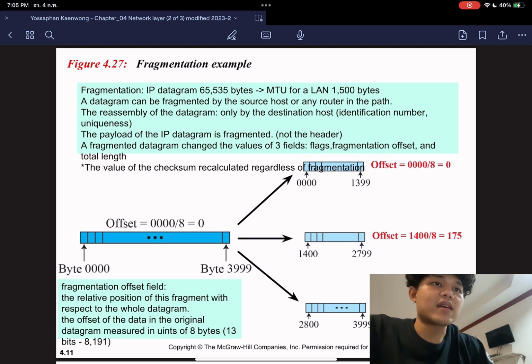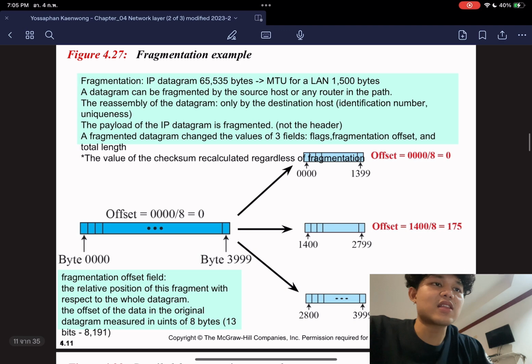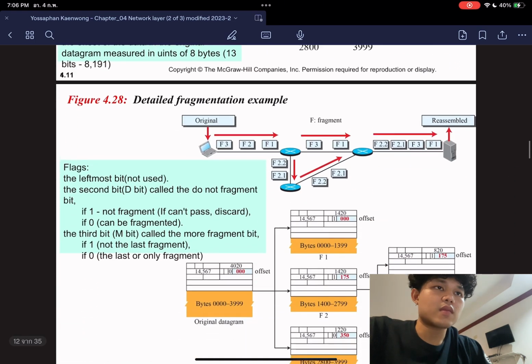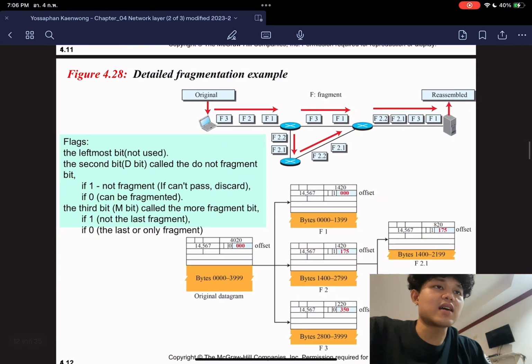The reassembly of the datagram is done only by the destination host. The payload of the IP datagram is fragmented, not the header. And a fragmented datagram changes the value of three fields: flags, fragmentation offset, and total length. And this is a detailed fragmentation example.